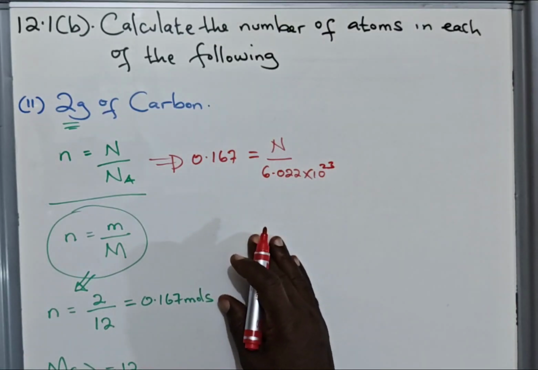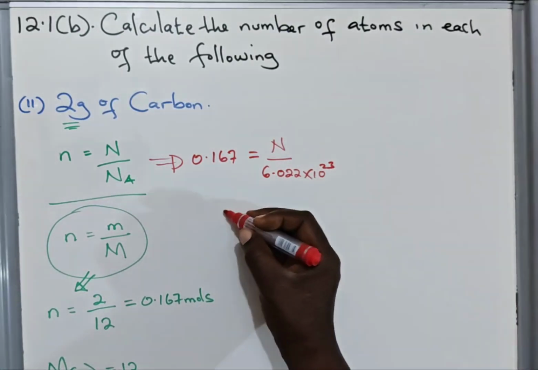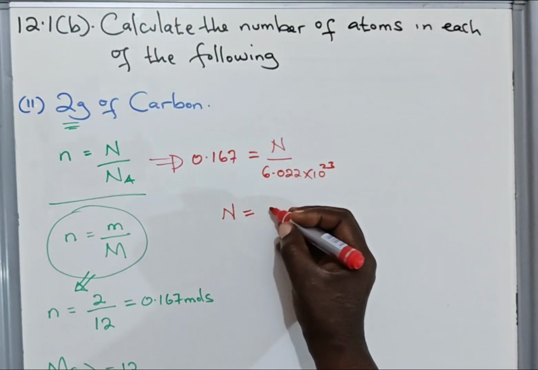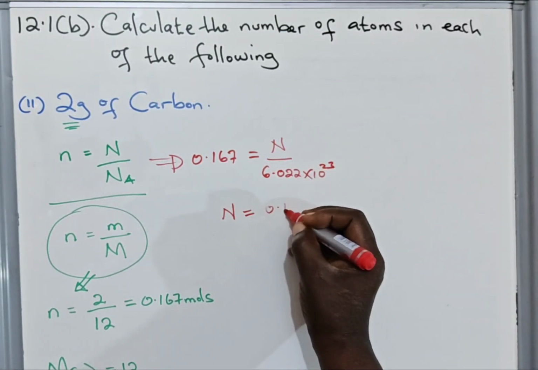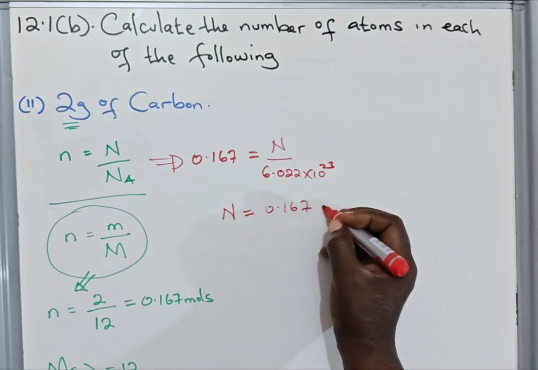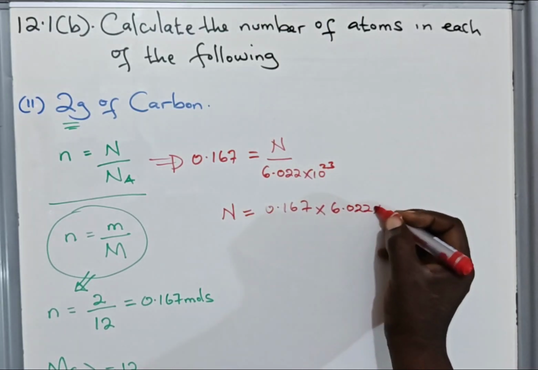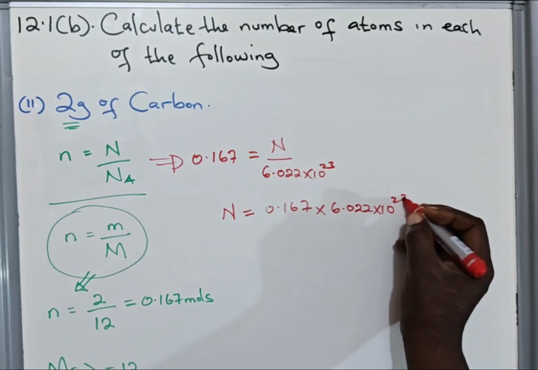We cross multiply, giving you N, which is number of atoms, as 0.167 times 6.022 times 10 power 23.